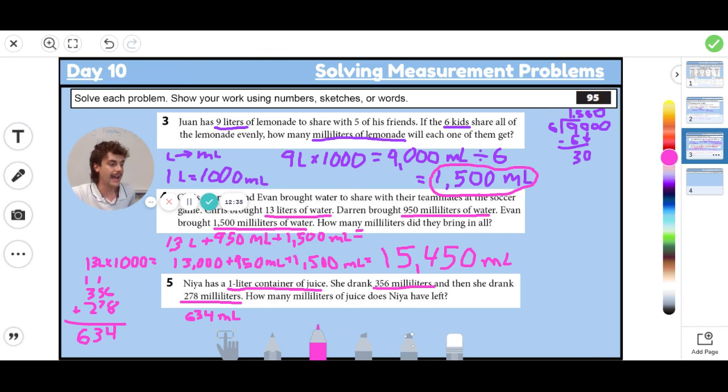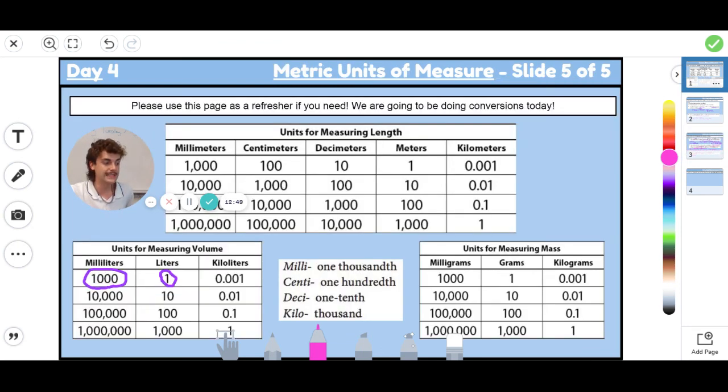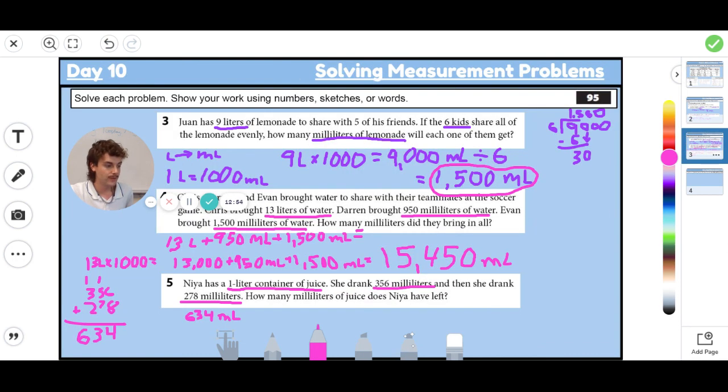And it says she had a 1 liter container of juice. So if she had a container of juice and she drank from it, and we're trying to figure out how much is left, we could subtract how much she drank from the container. So remember, 1 liter has how many milliliters? 1,000. So 1,000 minus 634.